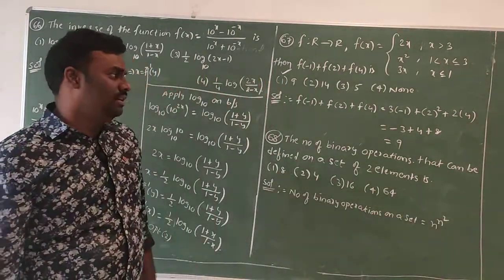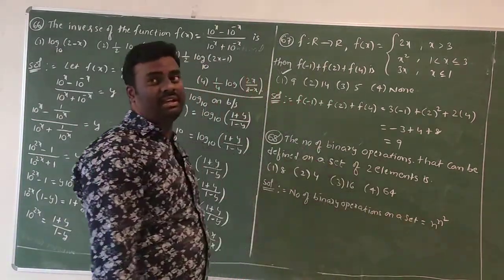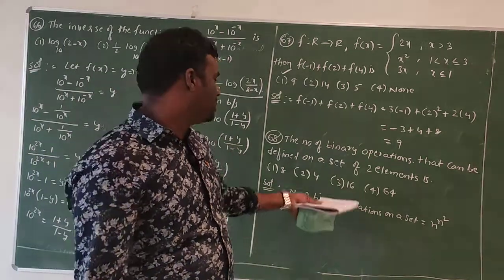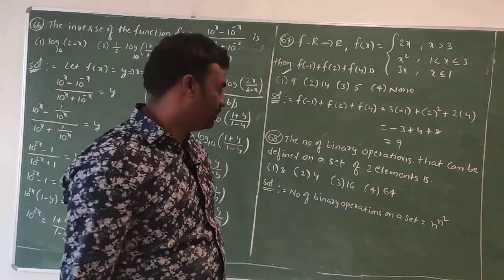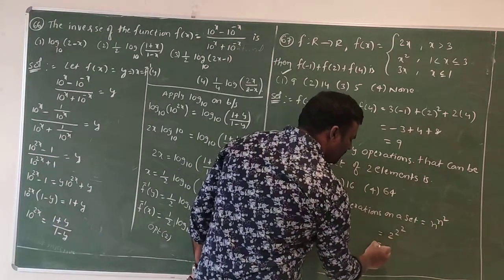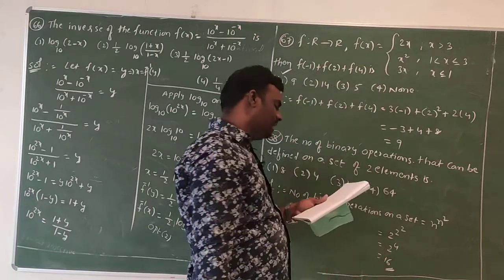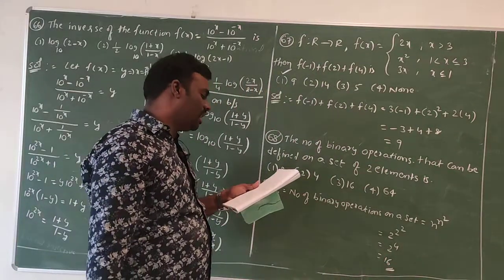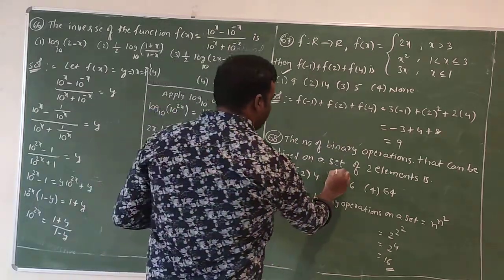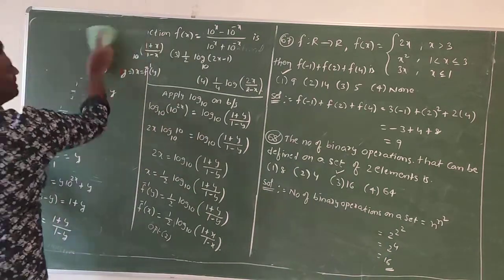That is the formula for the number of binary operations. Why do we use n? Because this set contains n elements. Instead of n, you can substitute 2. That is 2 power 2 square, that is 2 power 4, that is nothing but total 16 binary operations are possible on this set. That is nothing but option 3 is the correct answer for this question number 68.